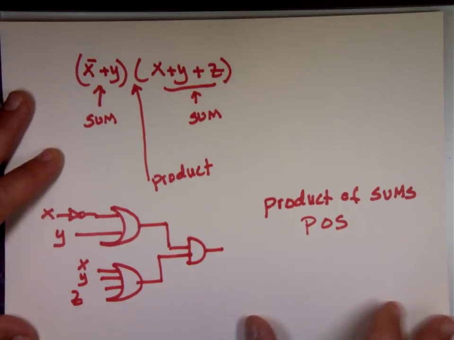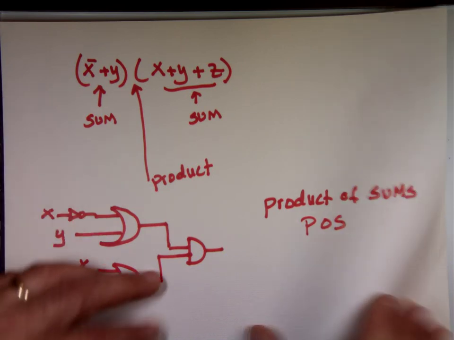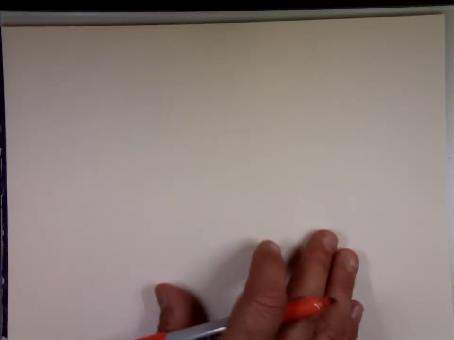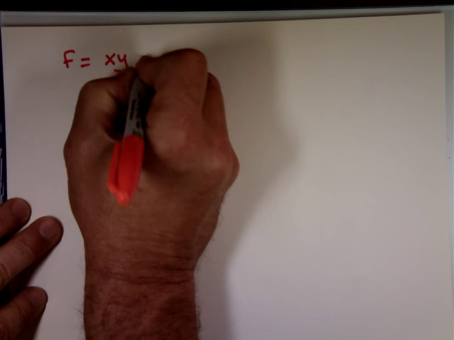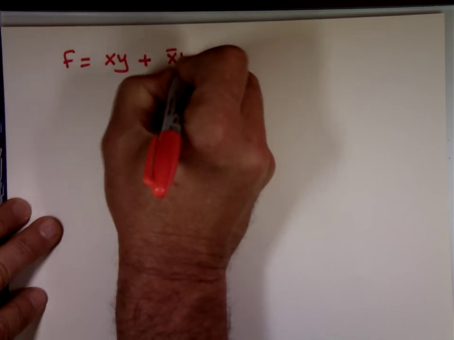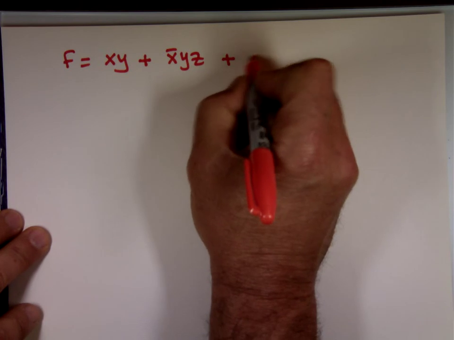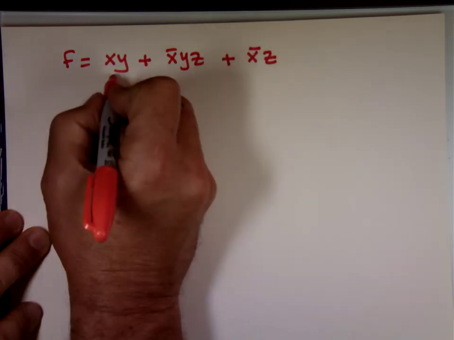Let's look at sum of product. If I write this expression, f equals xy plus x bar yz plus x bar z. What is this term here?